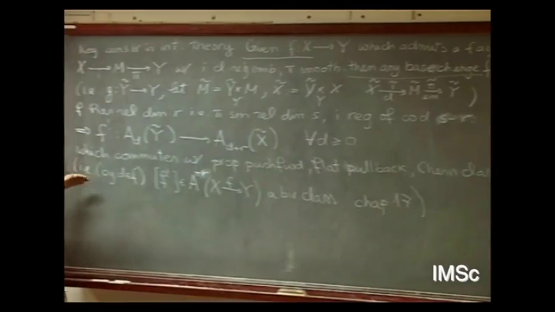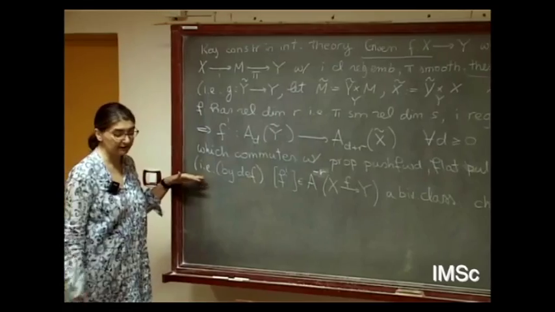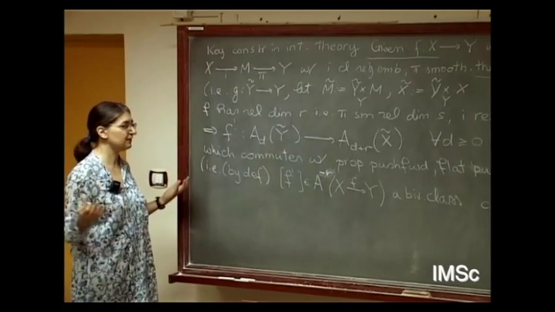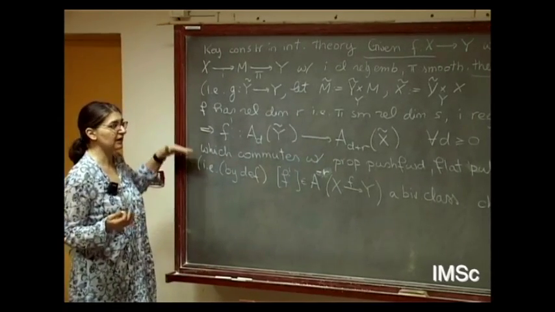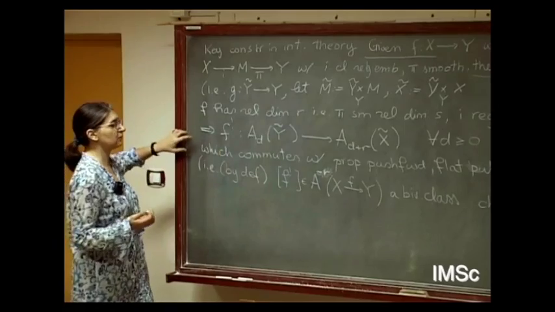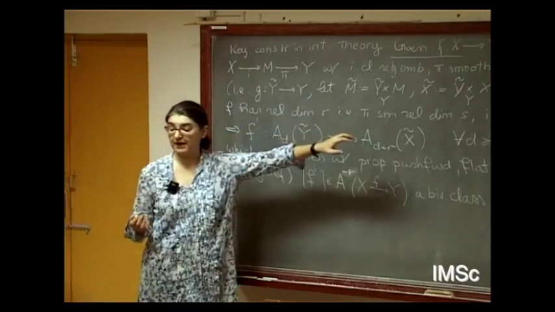So, do you need the notion of bivariant class? Well, in a sense, no. You could just view it as a short term to say you have a very well behaved pullback.